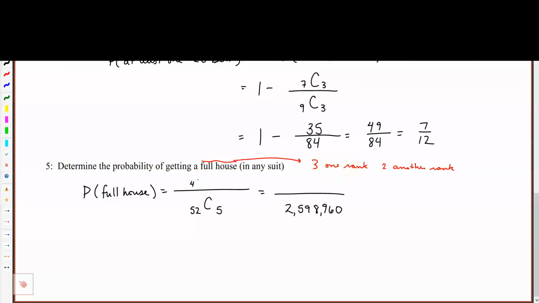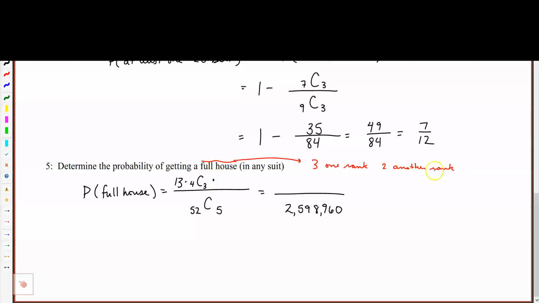There are 4 cards overall, and you want to pick 3 of them. And that's going to be true over all of the different possibilities. So there are 13 ways that you could do that, whether or not that rank is a jack or a 5 or a queen or whatever. So there are 13 ranks possible. Once the rank is chosen, out of the 4 possible cards, you want to pick 3 of them for your set.